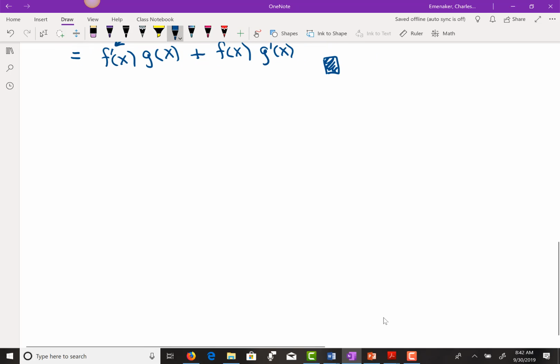Mathematically, does anybody recall what e to the x is equal to?